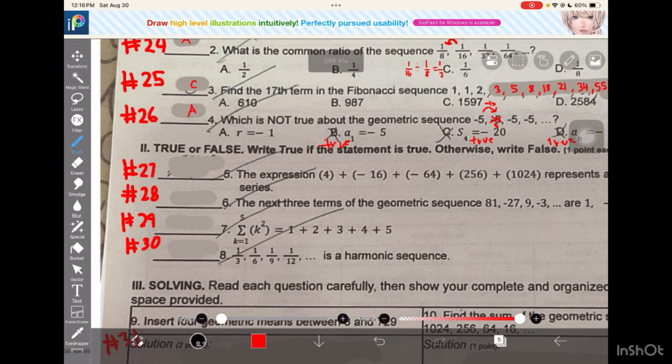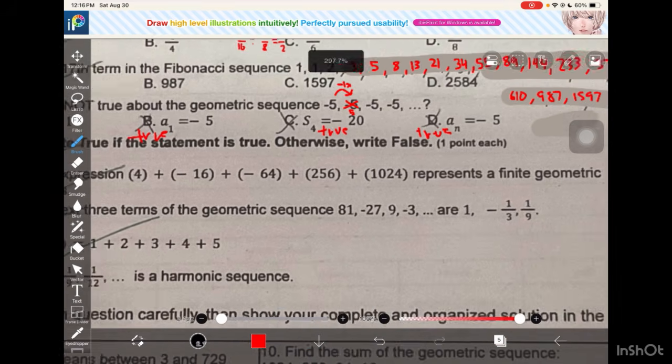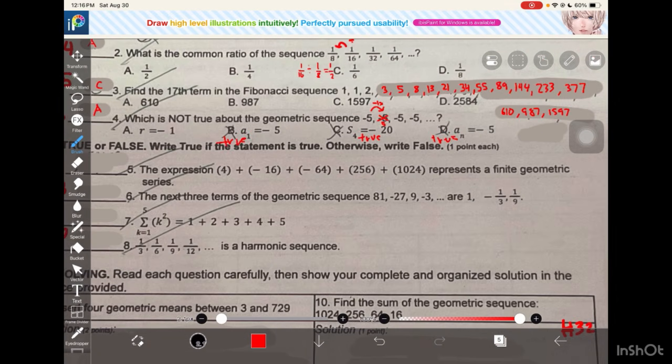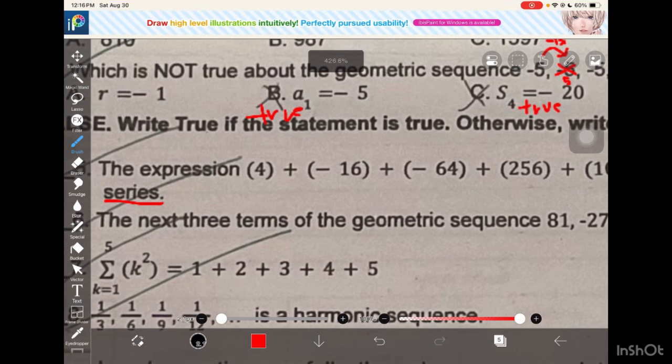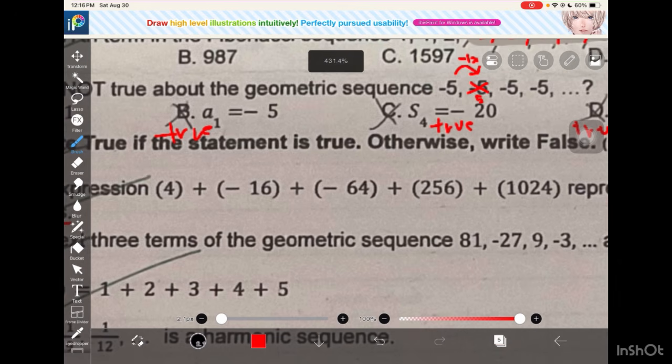Alright, next. The expression 4 plus -16 plus -64 plus 256 plus 1024 represents a finite geometric series. It is indeed a series because it's a sum of terms, but it's not geometric because the terms can either be all positive, 4, 16, 64, 256, 1024, all negative, -4, -16, -64, -256, -1024, or alternating, 4, -16, 64, -256, 1024.